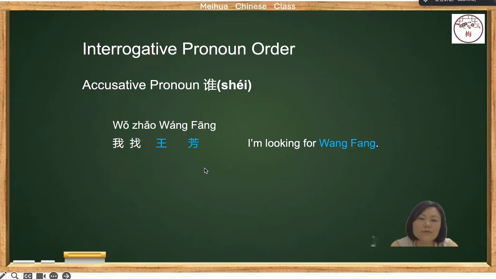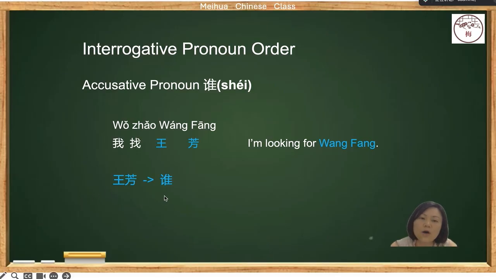Now I want to raise a question about this object. So we should find the accusative pronoun for this object in a declarative sentence. That is also 谁, and remember the rule, we don't change the position.